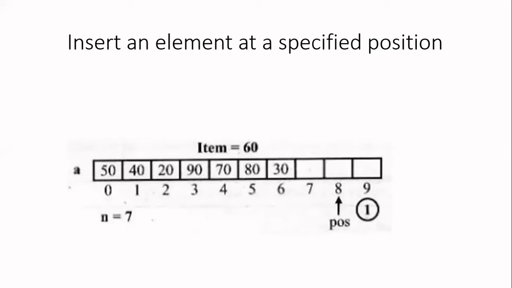The answer is you cannot insert, actually not cannot, you should not insert the element at position 8. Because according to the definition of the array, all the elements must be stored in continuous memory locations. There should not be any free memory location in between. Once you start, store continuously. Don't leave any space in the middle.